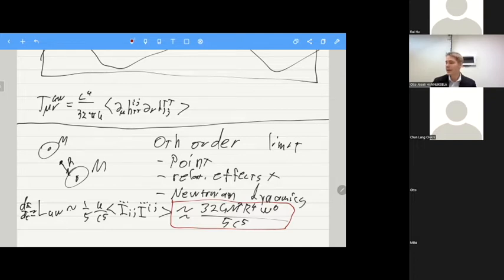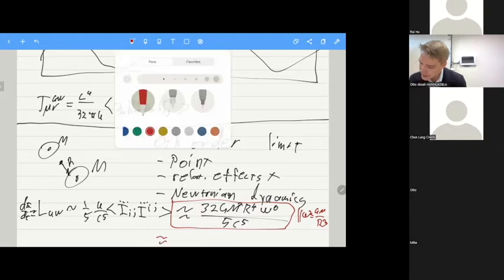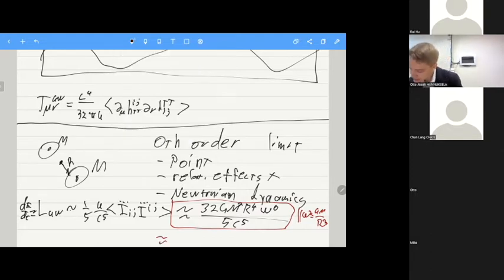And if I expand this a little bit further, to say that omega is GM per r cubed, then this thing becomes 32 G m squared M to the power of 3 per 5 c to the power of 5 r to the power of 3.